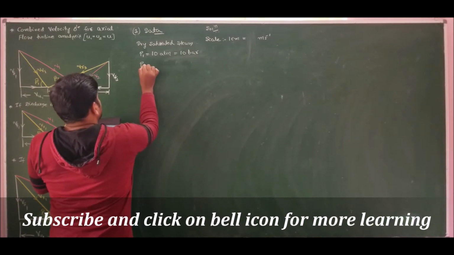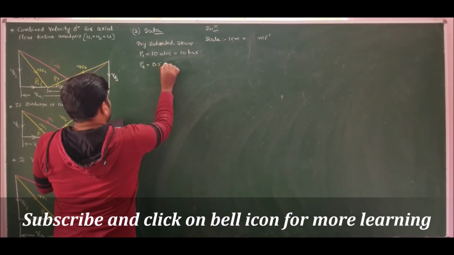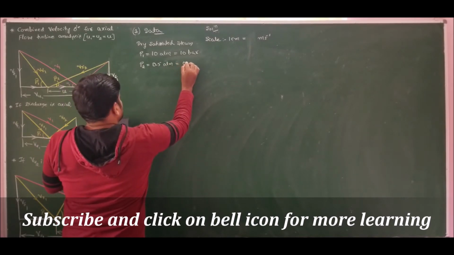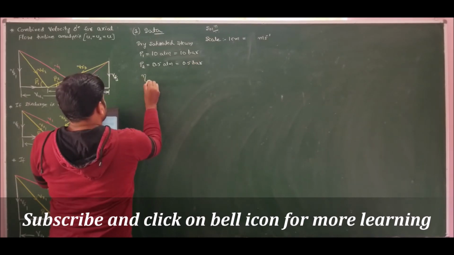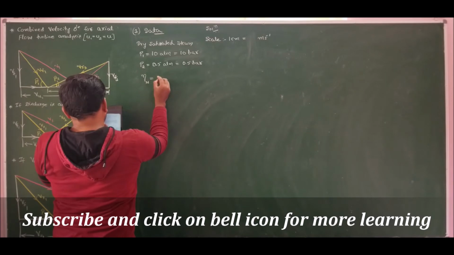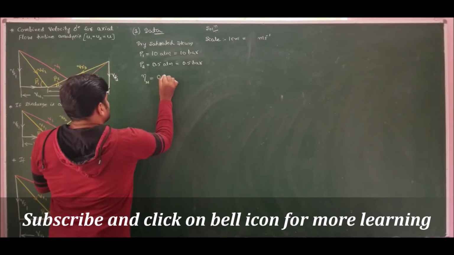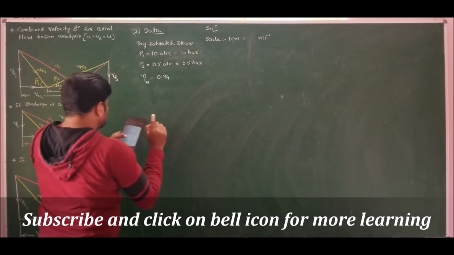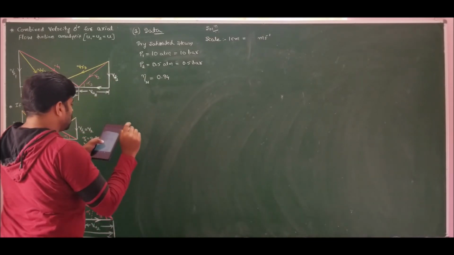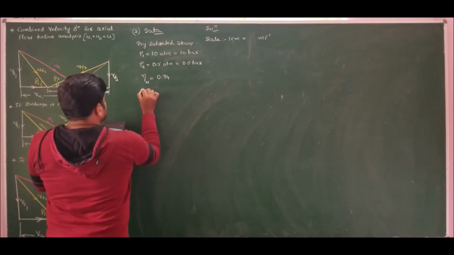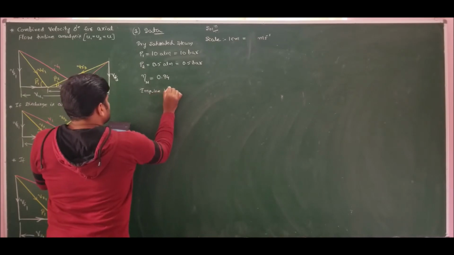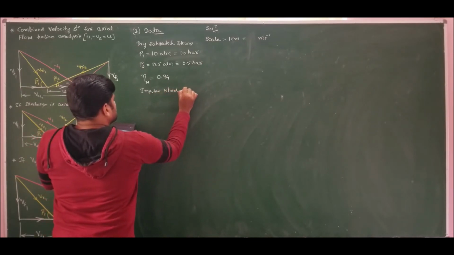So exit is given as 0.5 atmospheric pressure, therefore it will become 0.5 bars. The nozzle efficiency is specified as 0.94, that is 94%. I missed one data: dry saturated steam at 10 atmospheric pressure is supplied to a single rotor impulse wheel. It is given as an impulse wheel, so it is an impulse turbine. Therefore R is equal to 0.